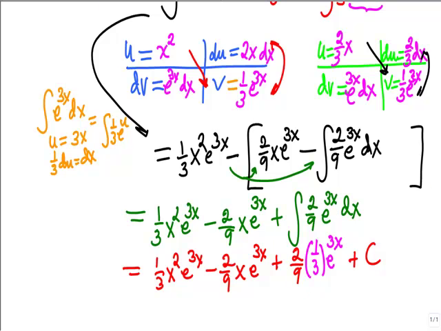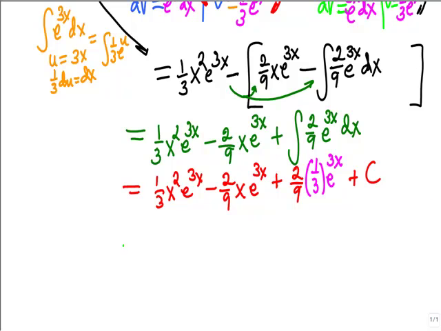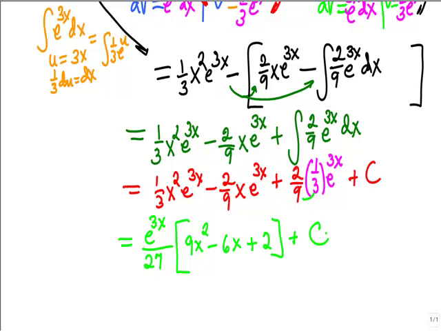So what they would do is they'd factor out an e to the 3x and they'd factor out a 27 because that's the common denominator, and this would be 9x squared minus 2 times 3, 6x plus 2, plus a constant. And that's how the book will probably write it.